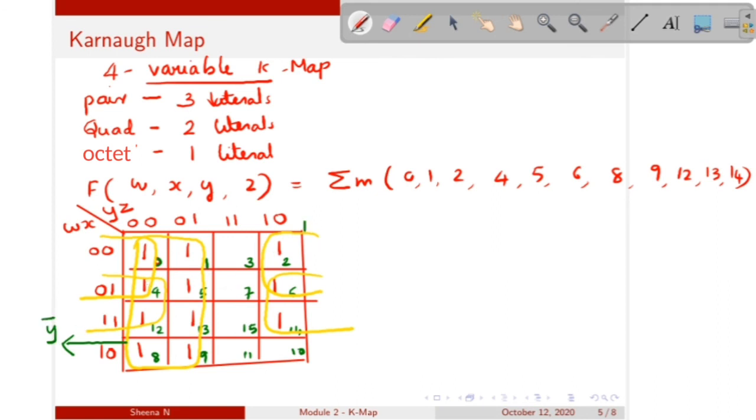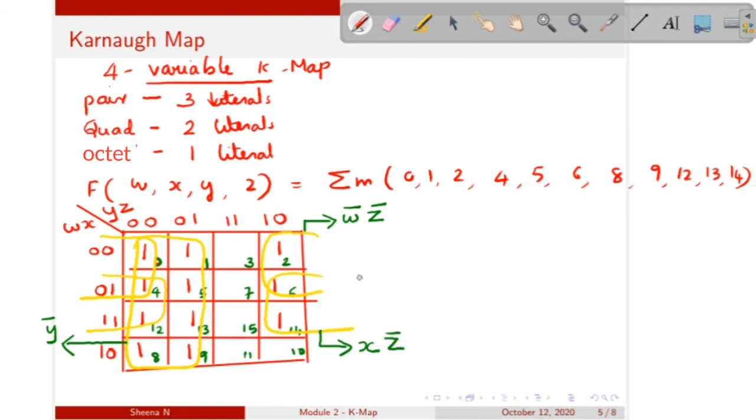Then for this quad, W can have value only 0 but X is 0 and 1, so W is W bar, and here it is 0 0 1 0, that means Y is cancelled and Z only, that is Z bar. For this quad, W is cancelled and X only, that is X, and here it is 0 0 1 0, Y cancelled, Z only, that is Z bar.